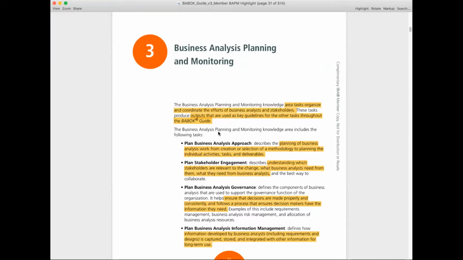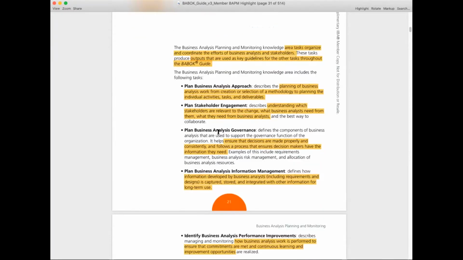So this knowledge area includes 5 tasks, including plan business analysis approach, plan stakeholder engagement, plan business analysis governance, plan business analysis information management, and identify business analysis performance improvements. Now, planning business analysis approach describes the overall framework or methodology for how we're doing our work.